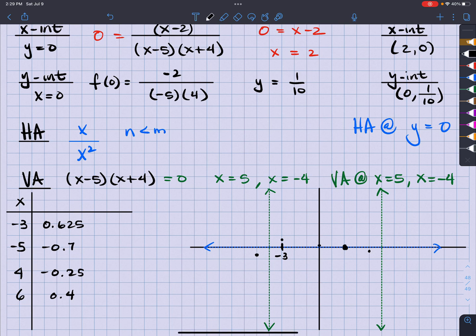And at 6, I'm going to have a positive, almost a half. So what does this show me? It shows me that I'm going to have something that's going to look a little like this.